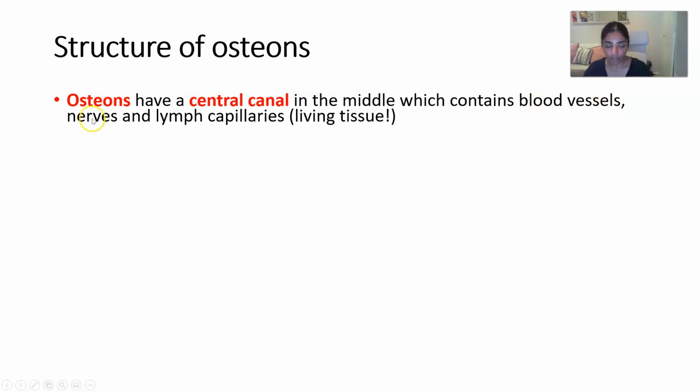We have nerves, because again we need to detect sensations. And there's lymph capillaries, which will help the products of fat digestion to be moved around the body, as well as moving white blood cells.